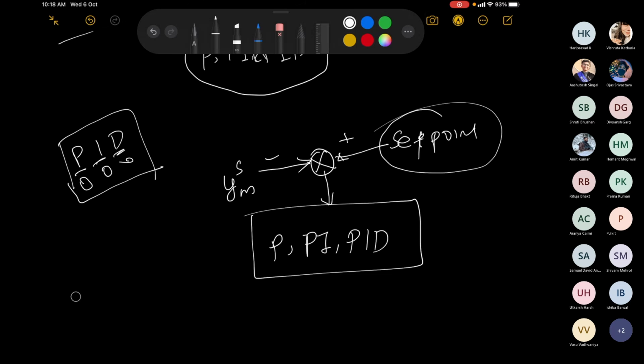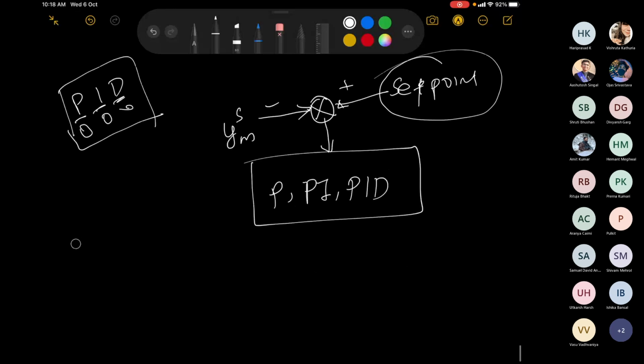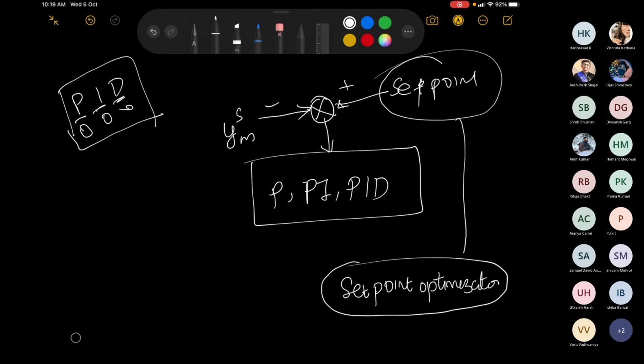So where is the source of set point? Set point is either, as I told, something you know from physics, or somebody who is already well versed about it will put a fixed number. In a real plant, they do something known as set point optimization. So what do you mean by set point optimization? Set point is not just given as a number.